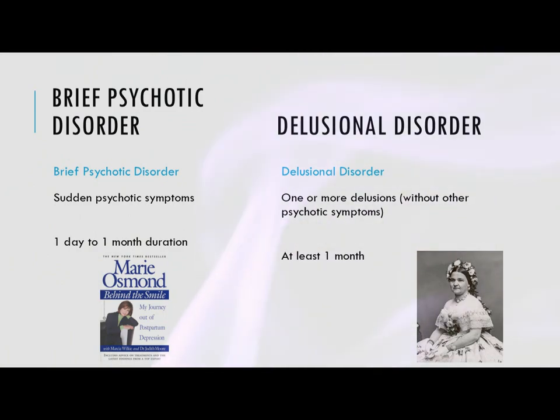And according to the DSM-5 TR, the key diagnostic criterion includes the duration of the episode that lasts for at least 1 day, but less than 1 month, with eventual full return to pre-episode functioning.